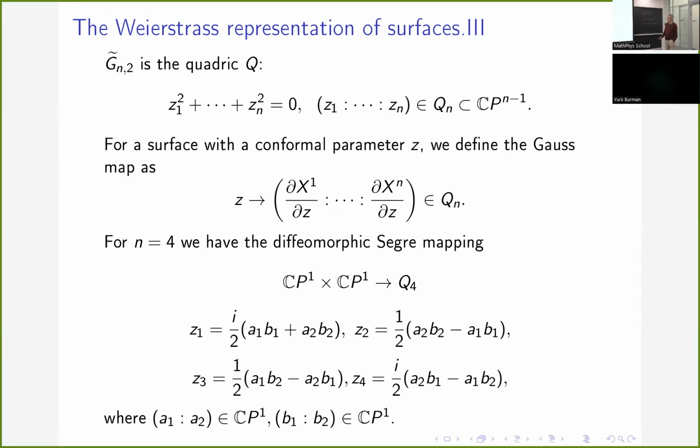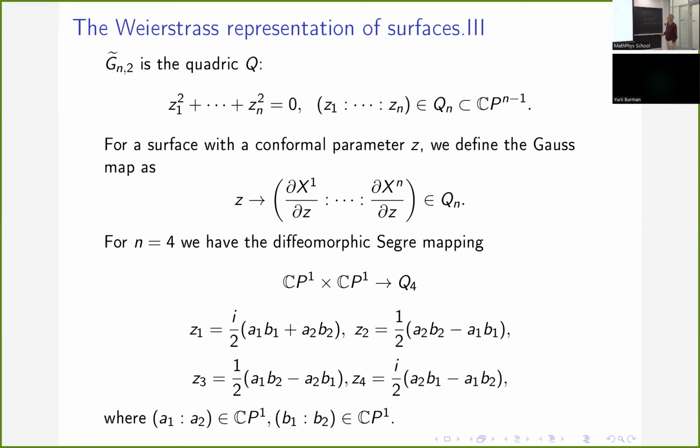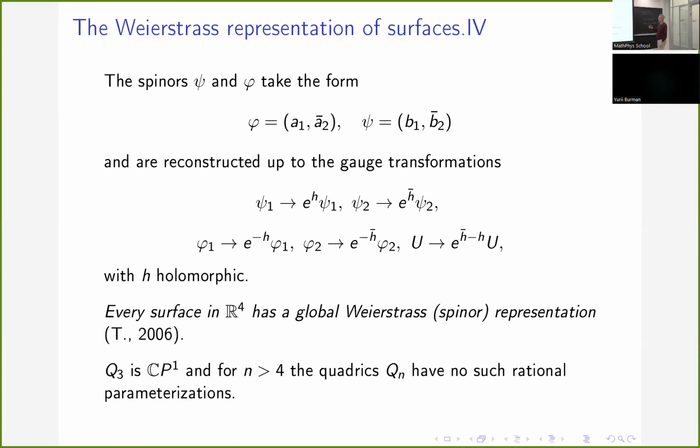So now take A1, A2 and B1, B2 as the homogeneous coordinates of the two CP1 factors. Write down phi as A1, A2 bar, psi as B1, B2 bar, and you will get these phi and psi.